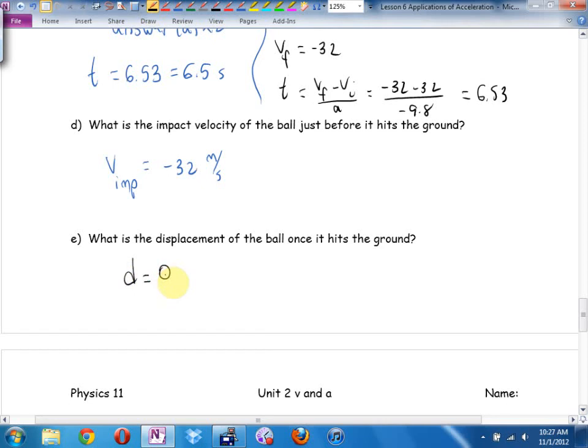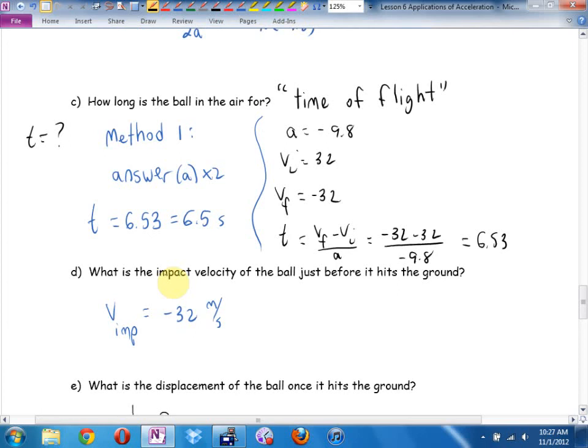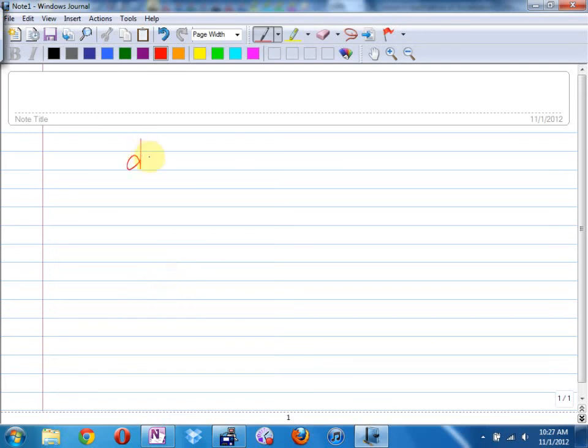which actually gives you a third, slightly yuckier method to solve the question for C. You could have gone like this. Don't write this down. You could have said the displacement is 0. v i is still 32 plus 0.5 times negative 9.8 times t squared.